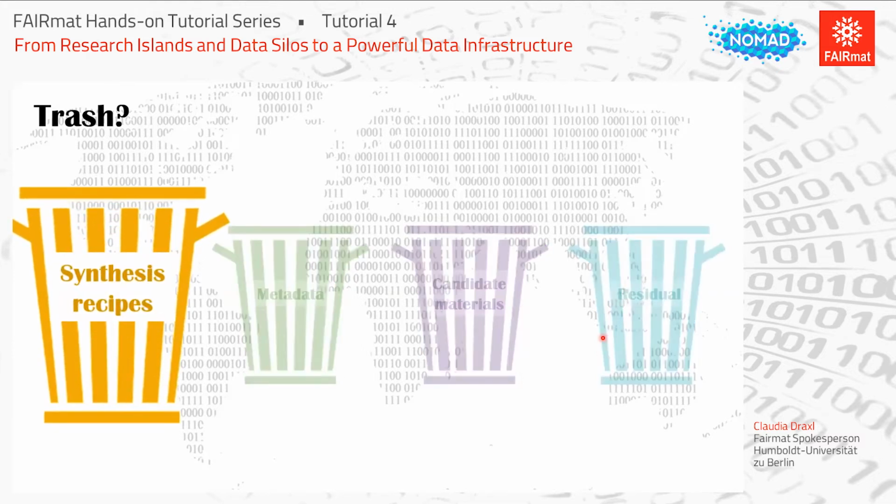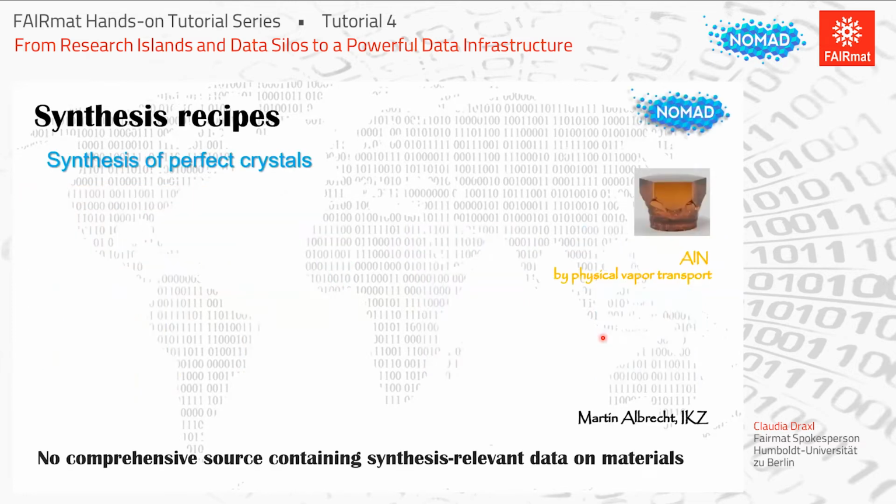This is about the synthesis. What you see here on the right side is a very nice crystal, a perfect crystal of aluminium nitride provided by Martin Albrecht from the Institute for Kristallzucht. And I think this is a crystal that everyone would like to have, because you would like to show very nice measurements on a perfect crystal.